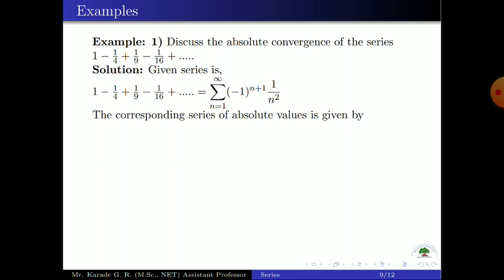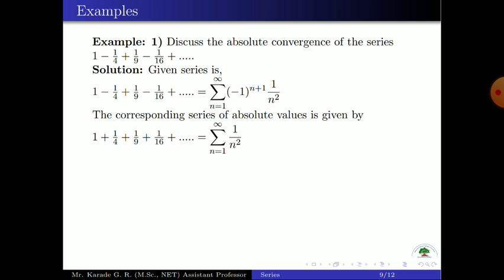The corresponding series of absolute values is given by 1 plus 1 by 4 plus 1 by 9 plus 1 upon 16 plus dot dot dot. And this series in compact form we can write in this fashion: summation 1 upon n square, n runs from 1 to infinity.